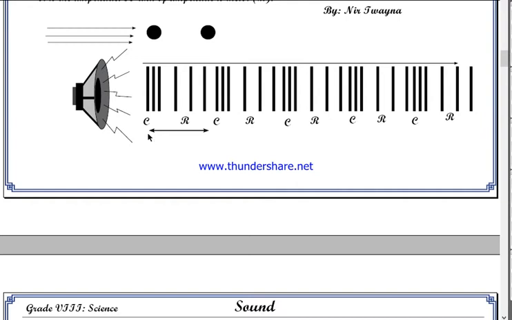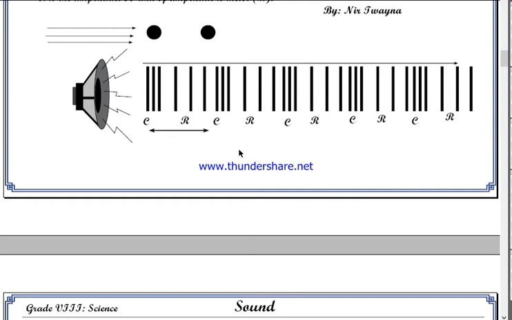Either you measure the total length of a compression and a rarefaction, which is the original wavelength, or you can measure the distance between two consecutive compressions, from one compression to another, because that would be equal to the total distance between C and R. Or alternatively you can take the distance from one rarefaction to another rarefaction.